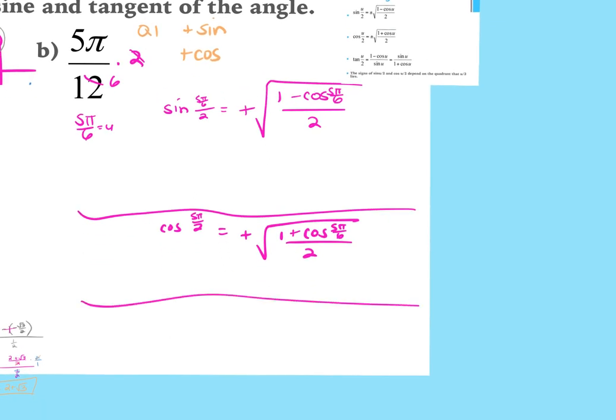And then I'm going to do the tangent, 5 pi over 6 over 2, which is 1 minus the cosine of 5 pi over 6 over sine 5 pi over 6.